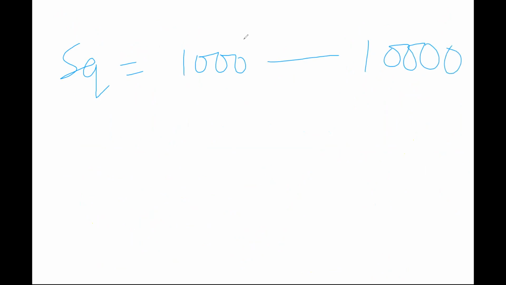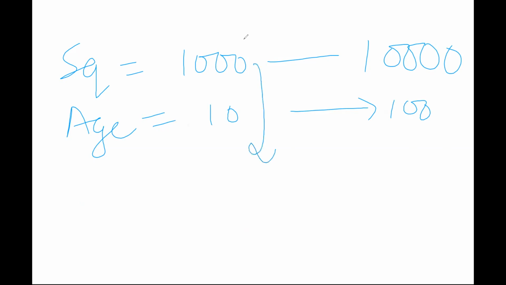Like if I have the square feet from 1,000 to 10,000, and then my age is in the range of 100, what we do is take the square feet and convert it into this format. I am only changing the values, keeping the proportion the same.